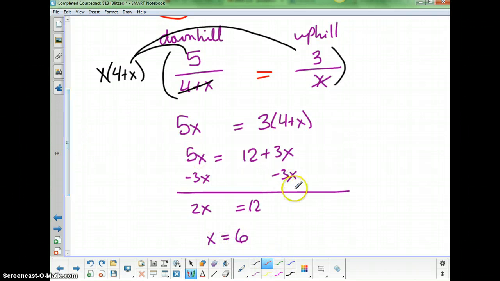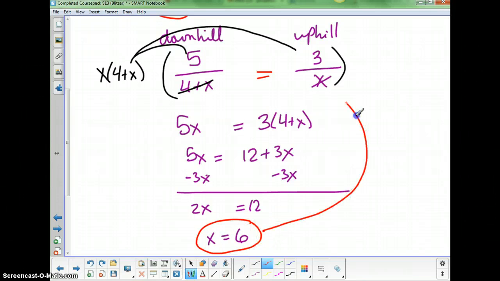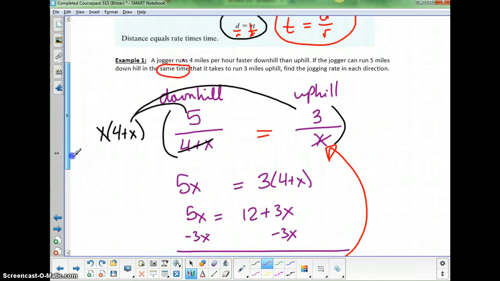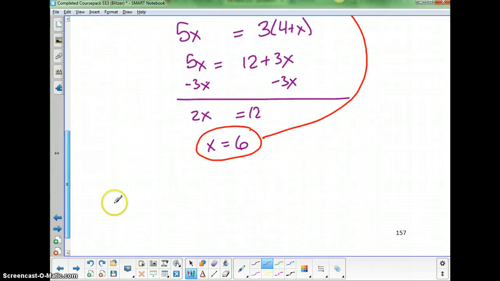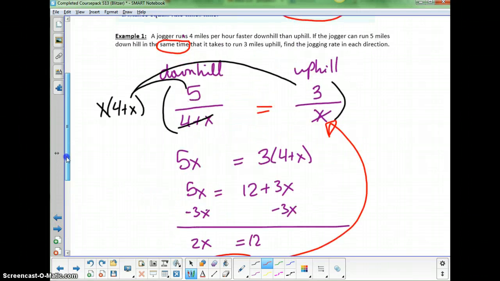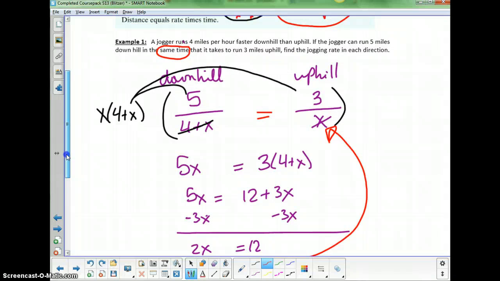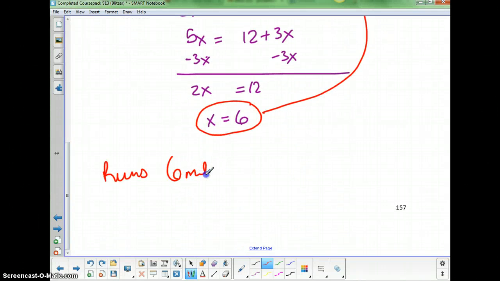Now back to what that meant. Remember that x equals 6. x was the variable we put in for the uphill rate, since time is distance divided by rate and the rates are in the denominators. So this person runs 6 miles per hour going uphill, and 10 miles per hour going downhill.